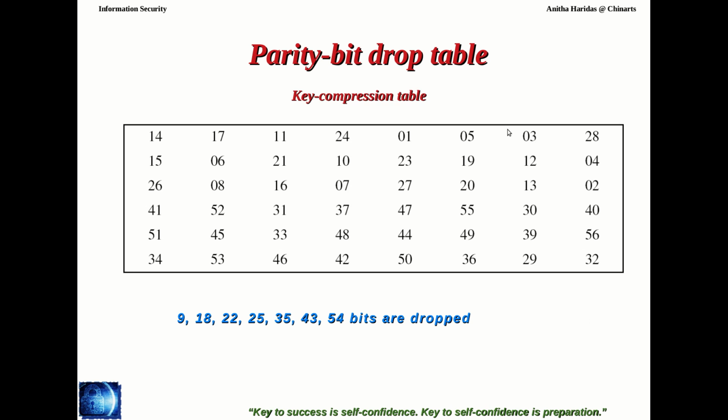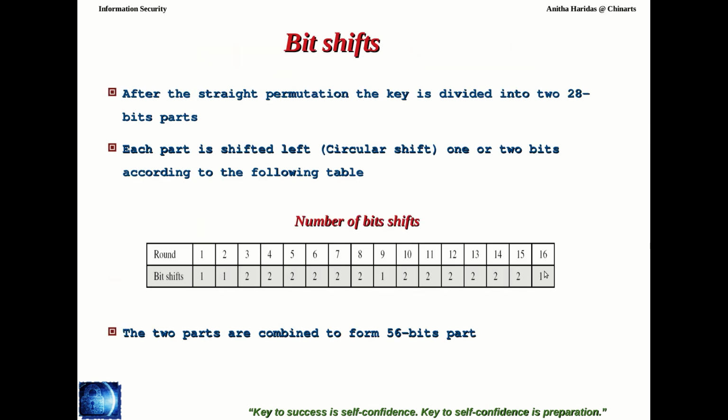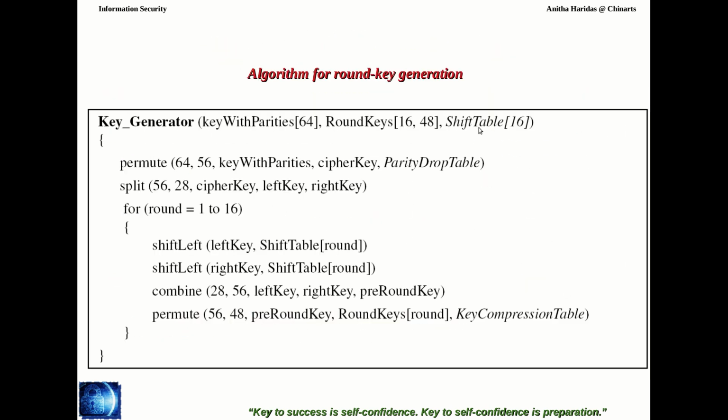So first we do the permutation operation using the parity drop table, and the 64 bits will be converted into 56 bits.